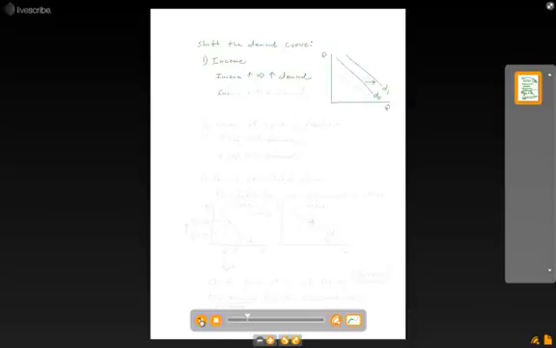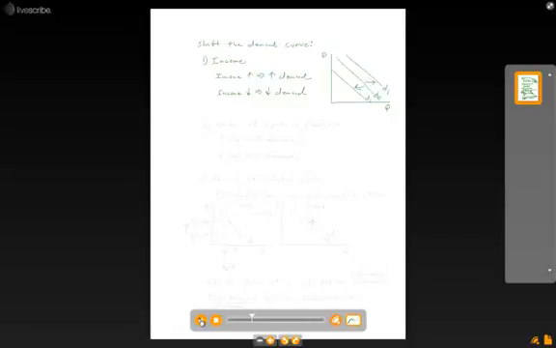On the other hand, when income decreases, people do not have as much money to buy the good, and so therefore the demand for that good is going to decrease. And thus this demand curve will shift back and to the left.